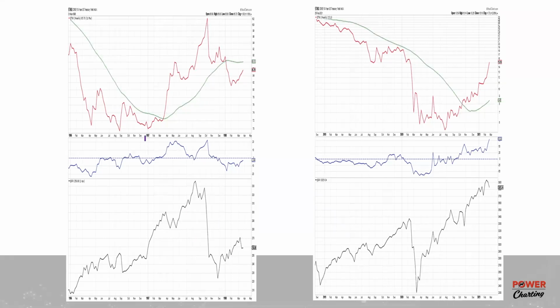Here are the two periods here for comparison. You can see, and I'll leave this to you to compare. Here's the base back in the 1980s. Here's the base in interest rates currently or recently. Here is the upward trend of yields, and here was the upward trend, and you can compare the 13-week rate of change one to the other.